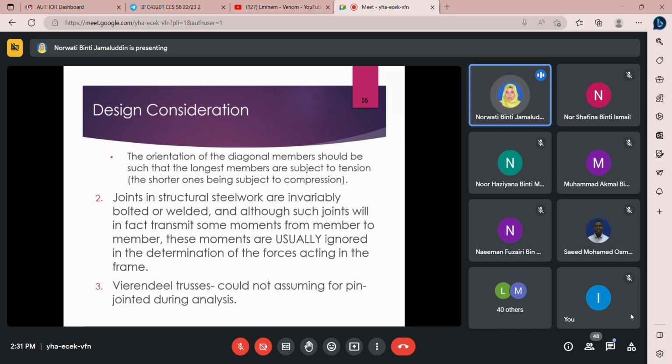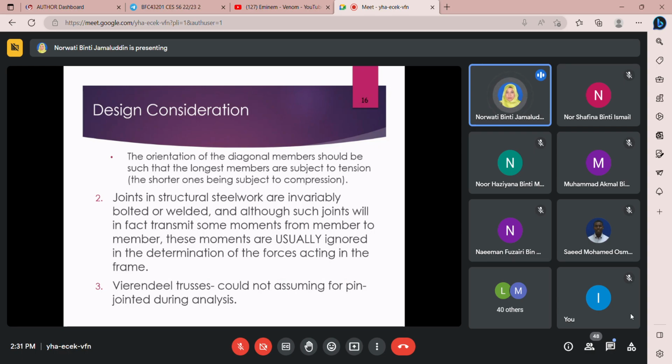A compression member will not only shorten in response to the compression force, it may buckle.